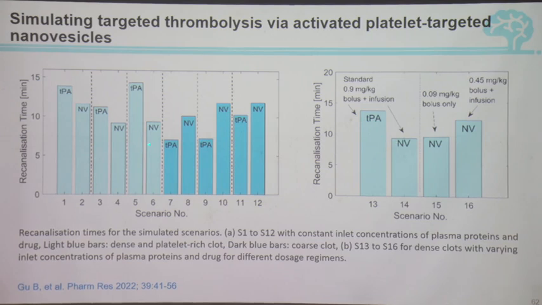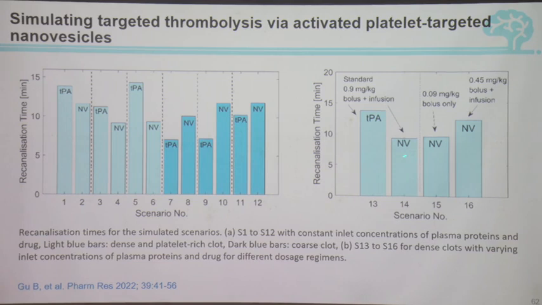I forgot exactly which one of these is which, but I think the light blue bars are the dense and platelet-rich clot, and the dark blue bars correspond to the coarse clot. So it depends on the property and the type of the clot that this nanoparticle delivery can have a slightly different outcome.